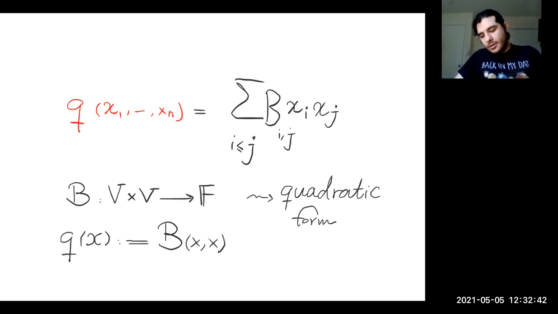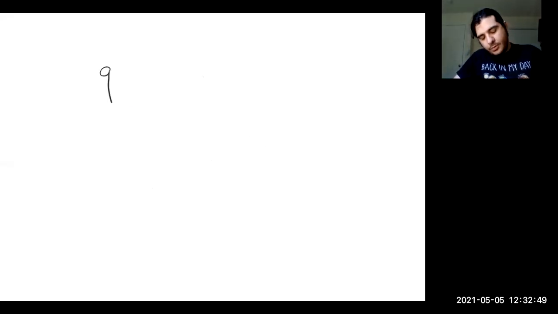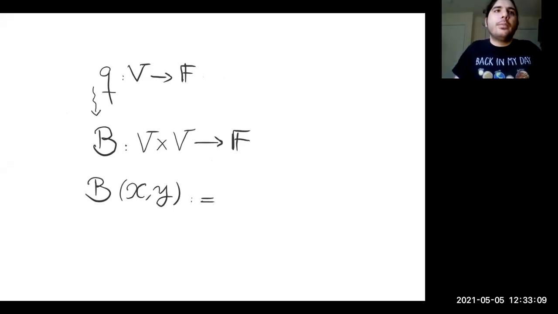You can also go from a quadratic form to a bilinear form. So suppose we have a quadratic form Q from V to F, we can construct a bilinear form B from V times V to F. I should define what is B of X and Y. What would be the definition of the bilinear form if we have Q? If we know what Q is, how can we define B?